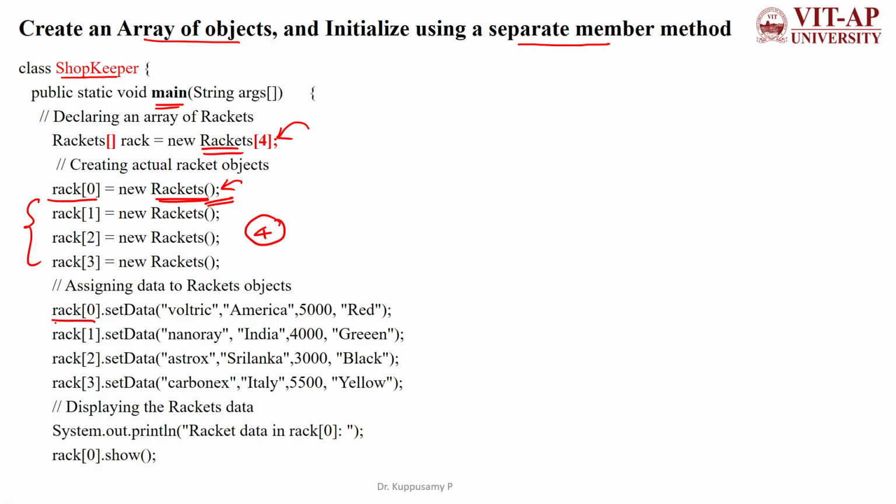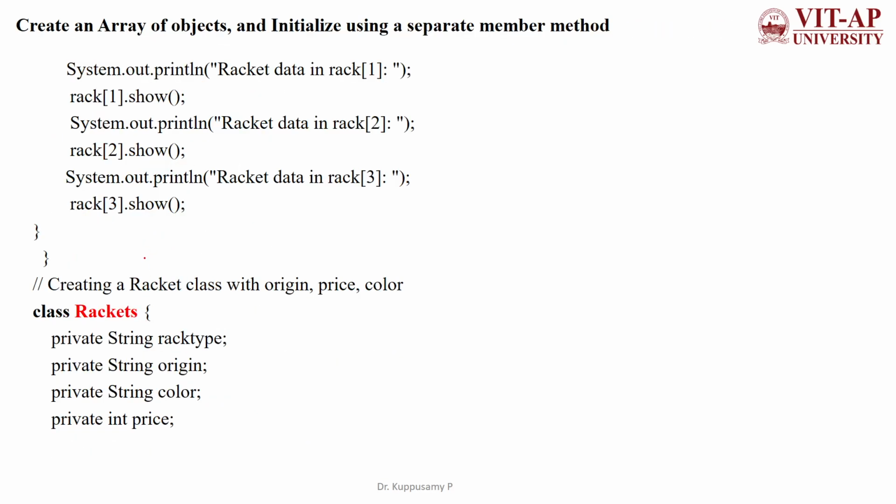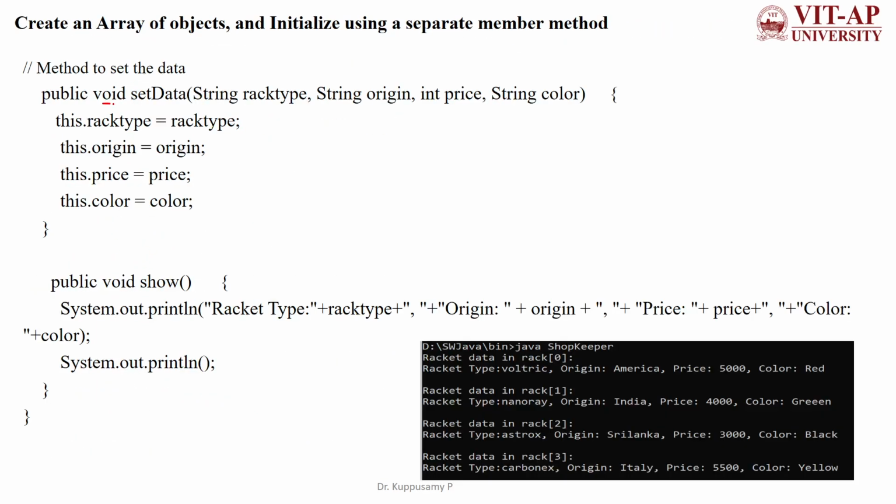Then for each array object we are calling a separate member method to assign the values. SetData is created here. The setData is the member method here, which is taking 4 argument values: racket type, origin, price, color. So by using the member method we are just assigning the values.